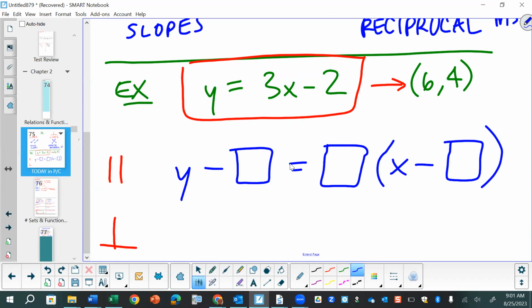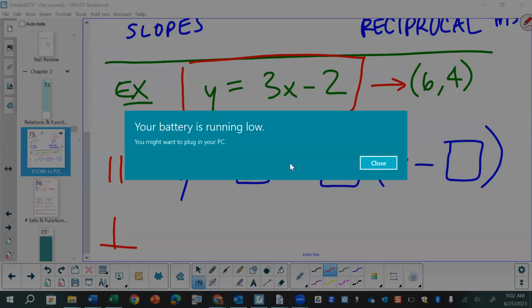Okay, we'll do parallel first. What did we say the slopes will be for parallel lines? Same, so give me the same slope you saw up top. 3, put it where? In the middle. Bang. Welcome to half credit land. All right, and now put your point 6,4 in the right spots.